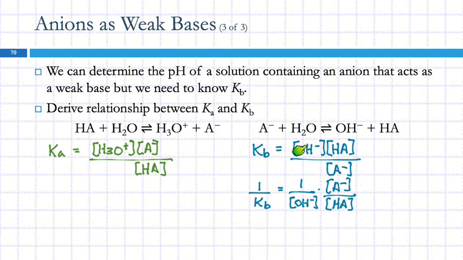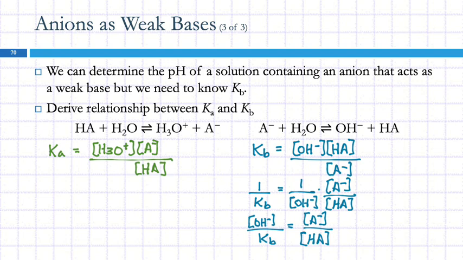I just took everything that was in the numerator and put it in the denominator. What I'm trying to get is A minus over HA by itself, so I can substitute in over here. So now I can multiply both sides by OH minus, so I get OH minus over Kb is equal to A minus over HA.